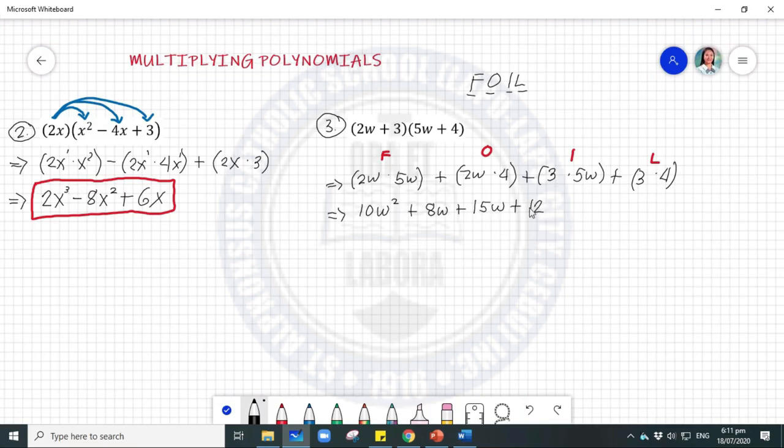This time, you are going to simplify the expression and combine like terms. The like terms here are 8w and 15w. So you're going to add them together. So it will become 10w squared plus 23w plus 12. And that is now our answer.